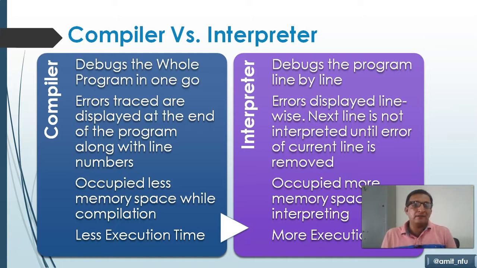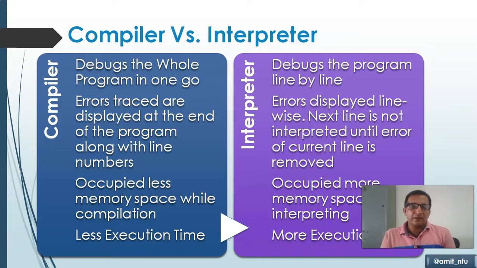Now, errors traced are displayed at the end of the program along with the line numbers in case of the compiler, right? But in case of the interpreter, as we know, when it converts one line, it checks whether there is an error. It won't move to the next line until you remove that error.